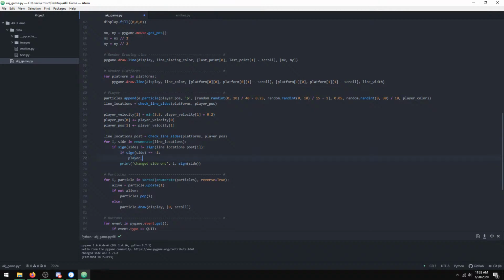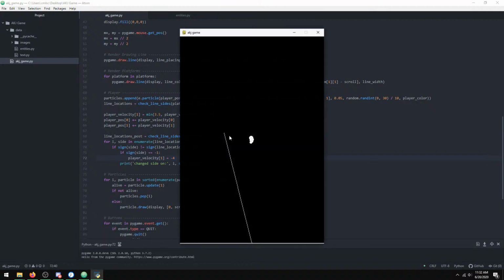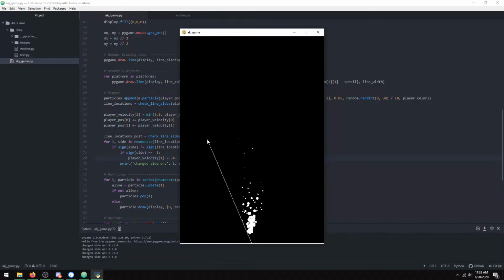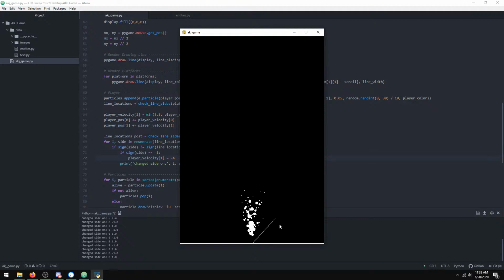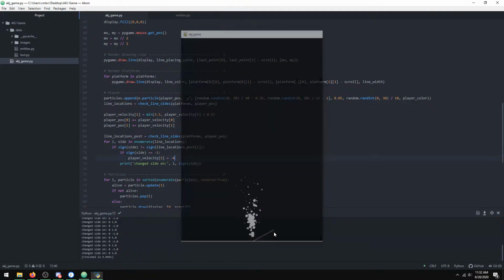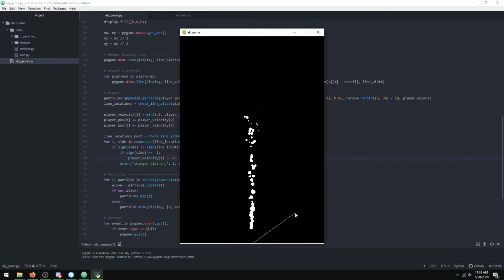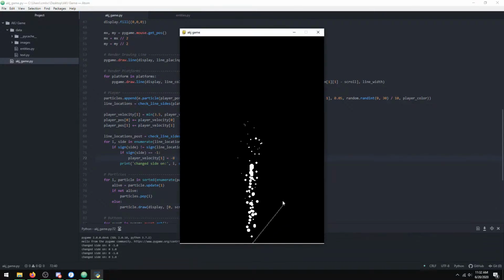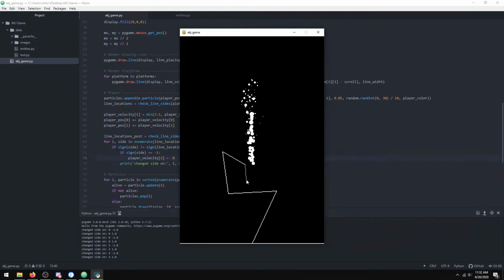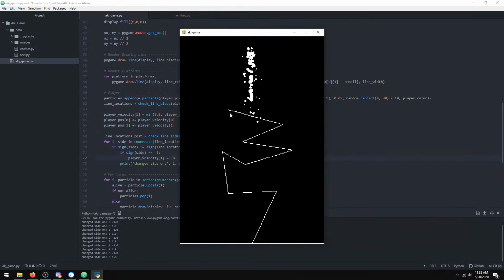So player velocity 1 equals -4. Boop, boop, boop. Okay, so that's working. It's hard to see it though, so let's try 8. It's going to bounce high. There we go. Now it's bouncing.